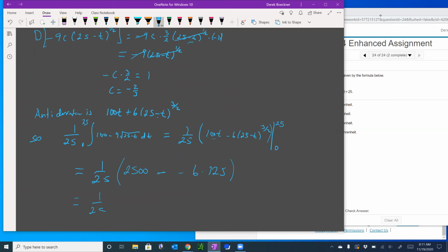So 1 over 25 times 2,500 minus 6 of those, well, 2 of those is 250, so 3 of the 2 of those is going to be 750. So 1 over 25 times 1750 is 70. It is, you're right. So that's going to be 3250.